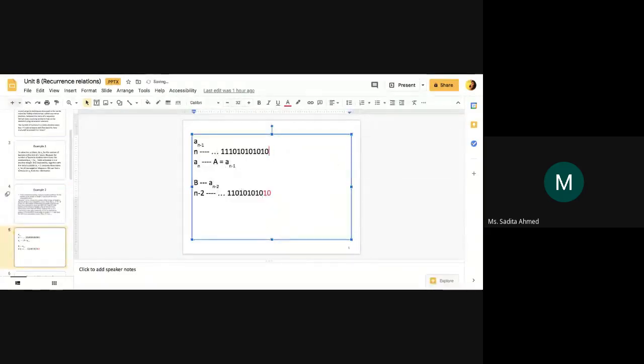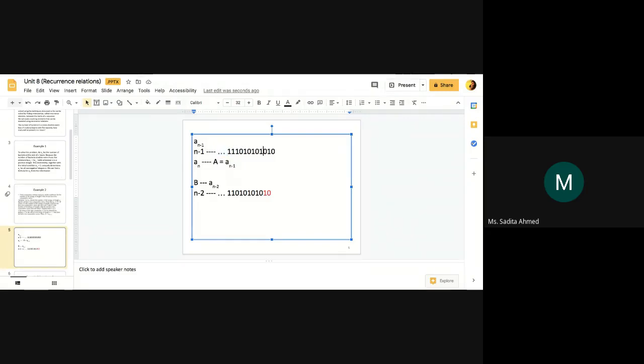First of all, let's talk about a bit string of length n minus 1. Whatever it starts with, we don't know the value of n minus 1, so whatever it starts with is not our concern.